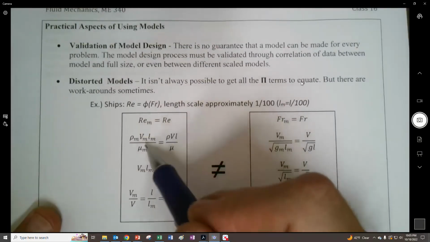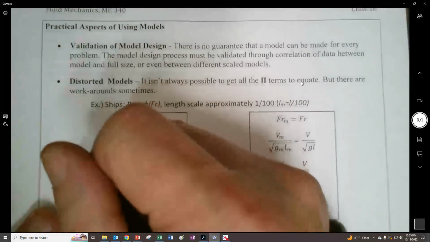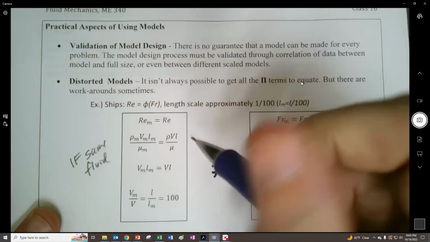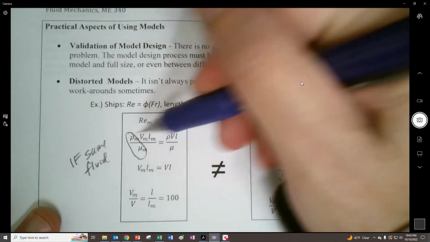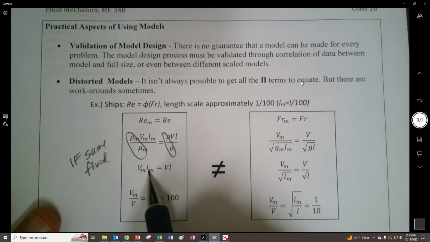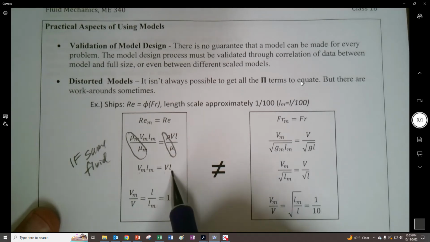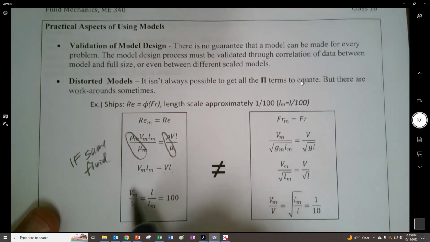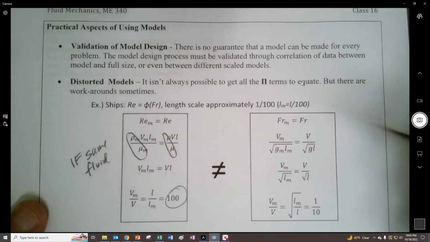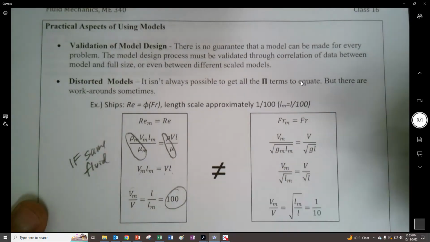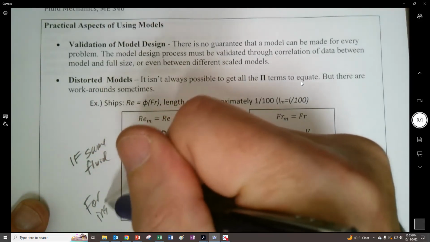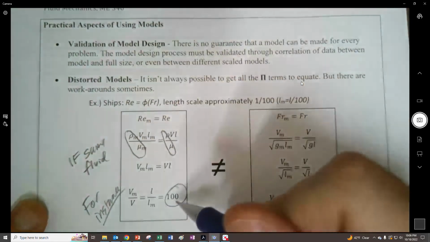So here is the Reynolds comparison, but if we have the same fluid, usually water, the viscosities and densities are the same, so they cancel out. What you're left with is the velocity times the length of the model and the velocity times the length of the real thing. You could take a ratio of those, and let's say that ratio was 100. There's nothing that says it's going to be 100. We're just saying that hypothetically.